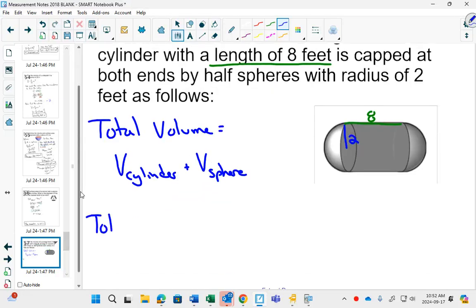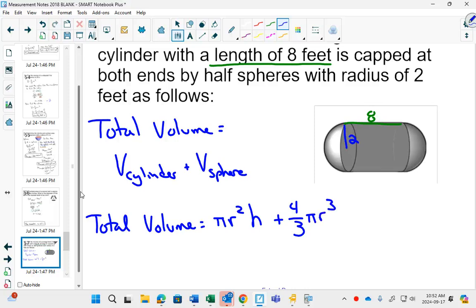and I can write this out, total volume, now I'm going to write it as formulas. My volume of my cylinder, my formula for that was pi r squared times h, and my volume of a sphere was 4/3 pi r cubed.